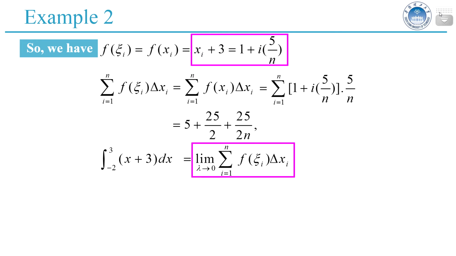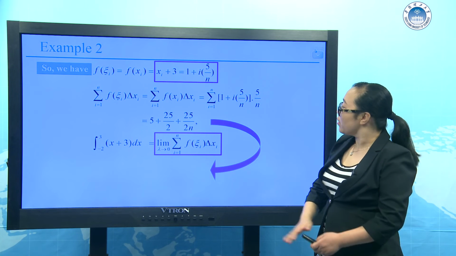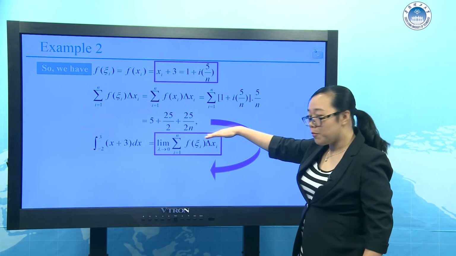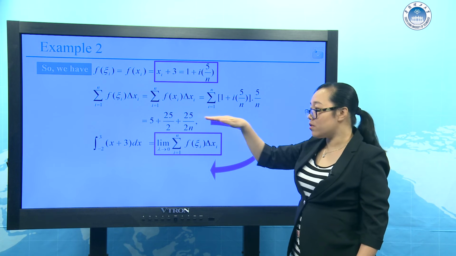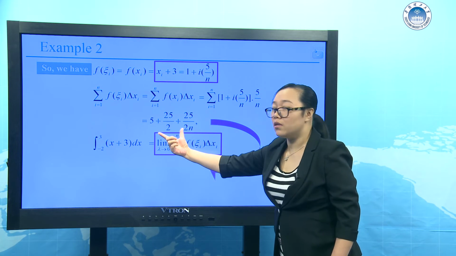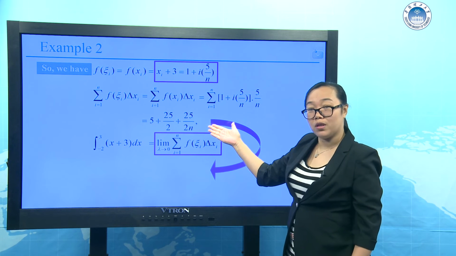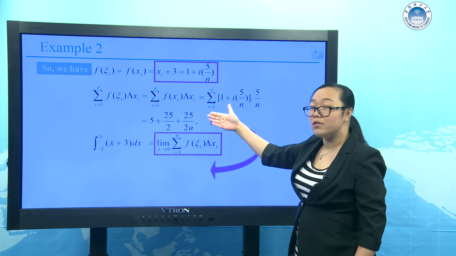Here, lambda tends to 0 is equivalent to n tending to positive infinity. Pay attention to this formula. If n tends to positive infinity, a constant is still a constant and equals itself. As n tends to positive infinity, this term equals 0.